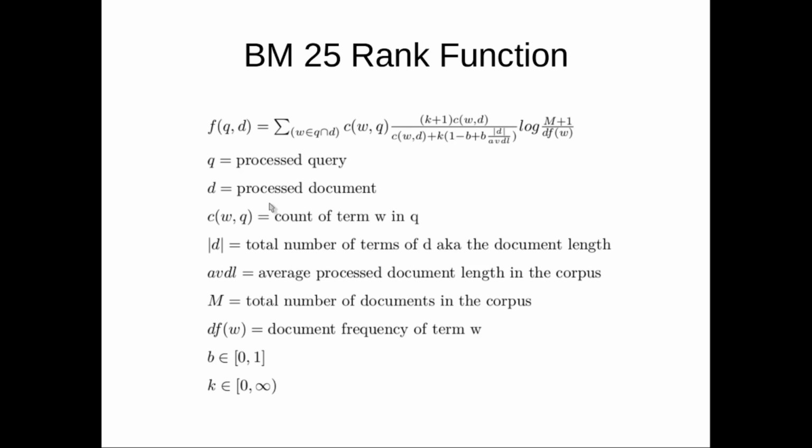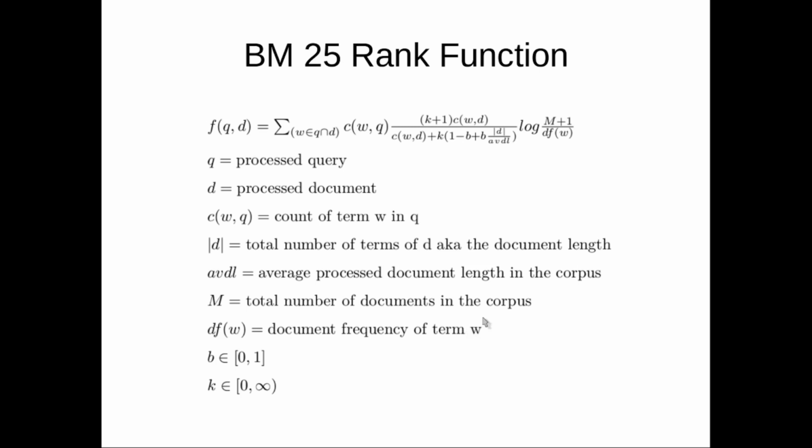And then you will have to find the actual count of the term inside either Q or D, right? And W here is of course the standardized form of a word token. Then you have the total number of terms inside D, which is the document length. Then you have the average processed document length in the corpus, the total number of documents in the corpus, and the document frequency.